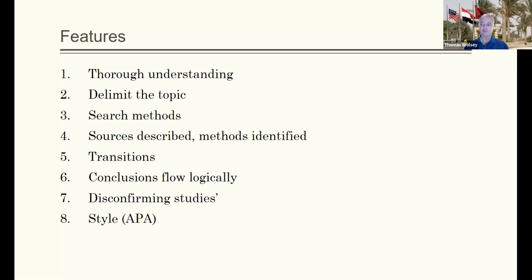We do want to look for disconfirming studies on purpose. Sometimes you hear the term cherry pick, which is an idiom, but it means looking for the cherries that support my argument and ignoring all the ones that don't.